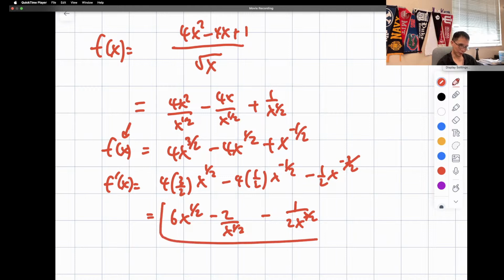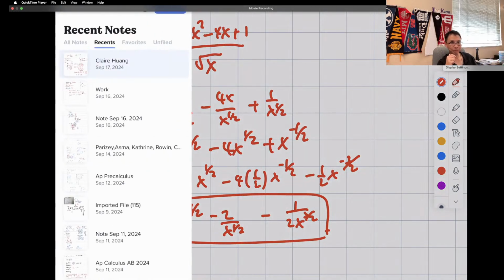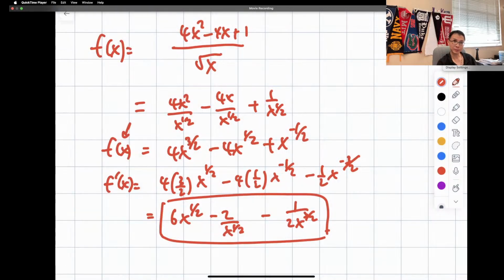And that should be your final answer here. Any questions? It's 1 over 2x to the power of 3 over 2. Yep, that's perfect right there.